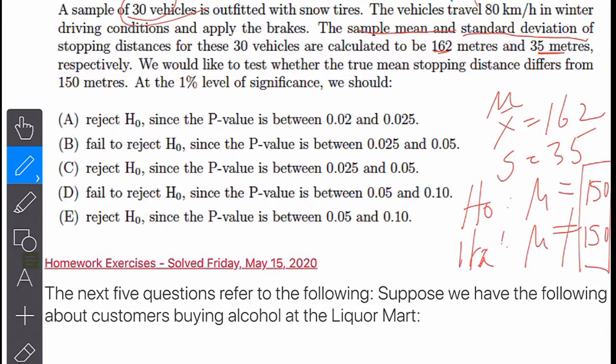It's very important that I set that up because remember the alternative hypothesis is what determines how I compute my p-value. Okay, so with the information given, I'm going to say what to do and I'm going to give you 2 minutes to do it, and then I want to see some answers, your choice in the chat.